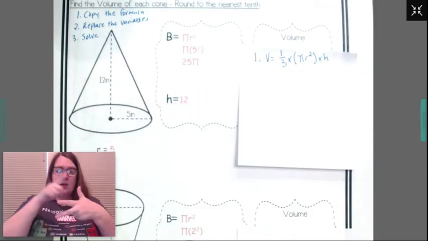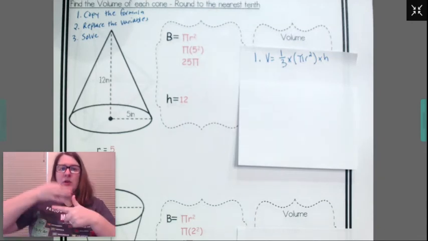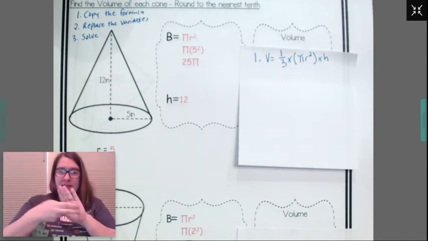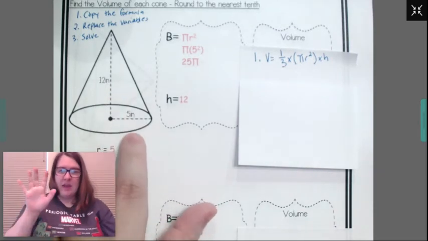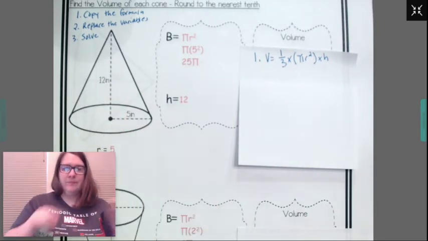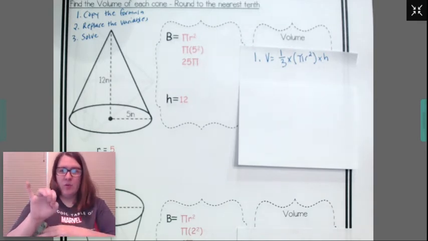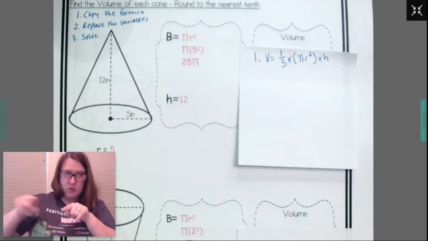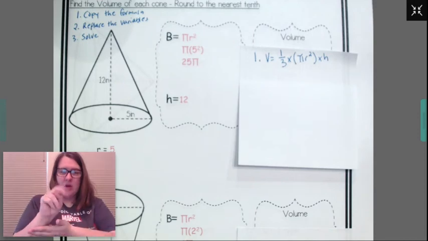Okay, so we have copied our formula. Now we're going to replace the variables. But we need to label our shape first. So we have 12 and 5. Well, my 5 is going to have to be my radius because it's on my circle, and that 12 is my height of the cone.